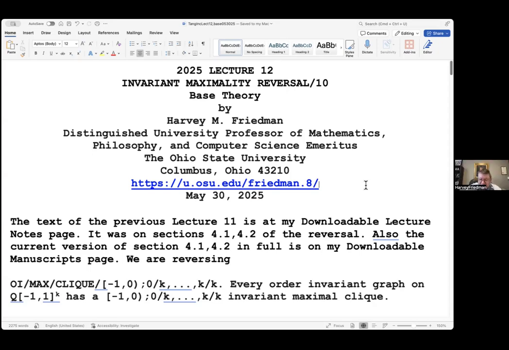In other words, you get a hierarchy as the dimension goes up. So we need to actually establish that.